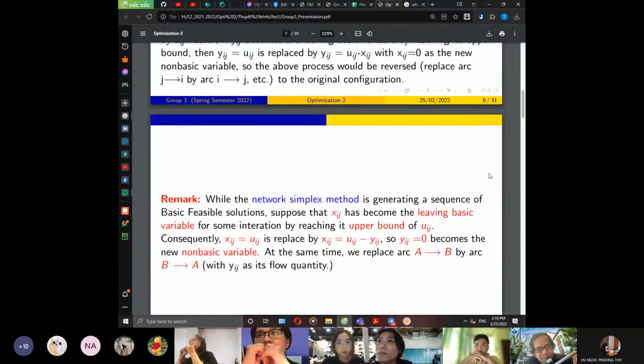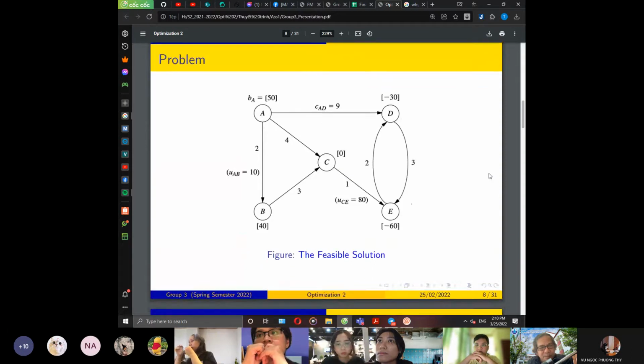By addressing minimal cost flow issues, the network simplex approach is a more simplified variant of the simplex method. In order to go from the current basic feasible solution to a better nearby one, it repeats the same fundamental procedures at each iteration: finding the entering basic variable, identifying the departing basic variable, and solving for the new basic feasible solution.